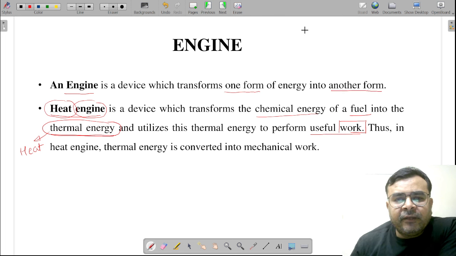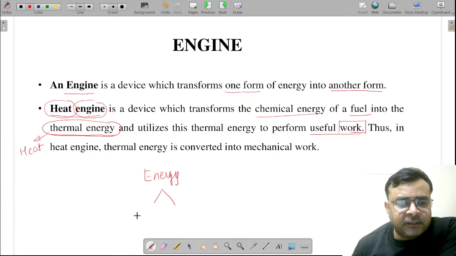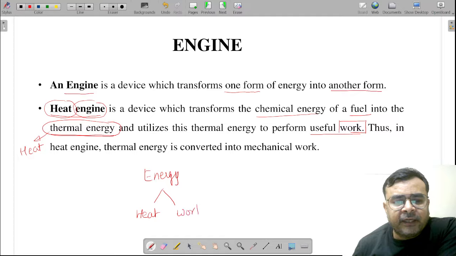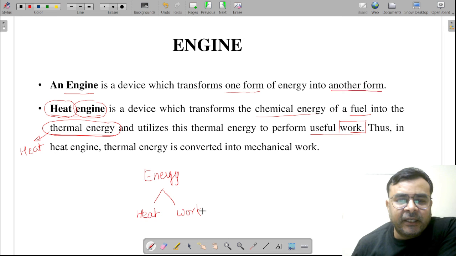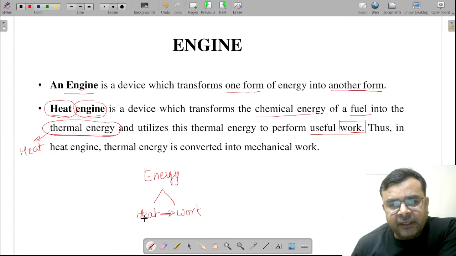If I talk about energy, here we have two types of energy, in terms of heat and in terms of work. So the mutual conversion of heat into work is the main thing. A device which deals with this transformation, basically from heat to work only, in this direction, can only transform heat to work.